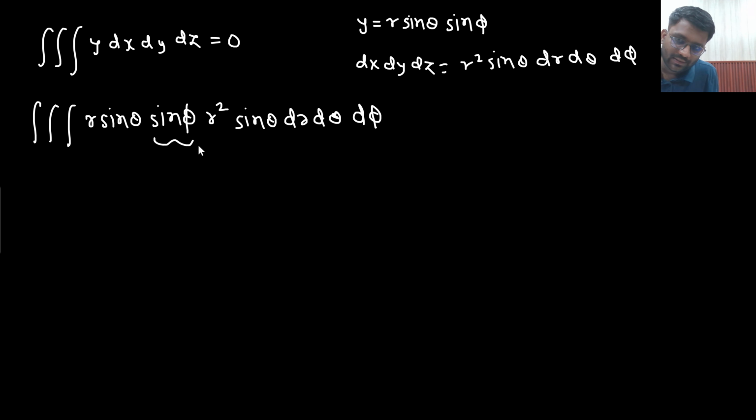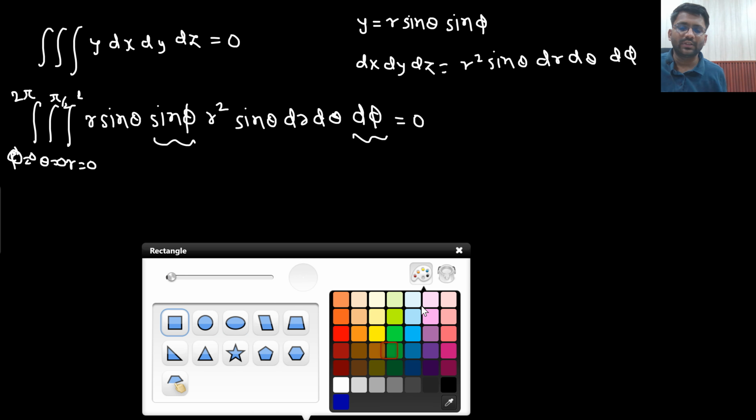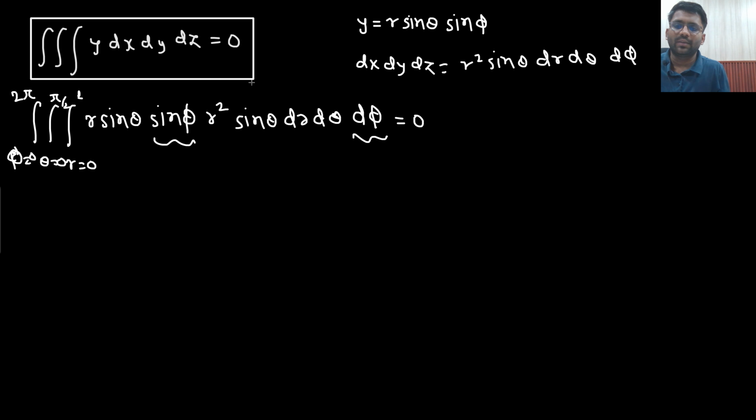Directly you can see here sin phi and d phi. What will be the limit? The limit of r will go from 0 to 1, the limit of theta from 0 to pi by 2, but the limit of phi will go from 0 to 2 pi. So if you take the limit of phi from 0 to 2 pi, this value will be 0 only. So if you do the process completely or directly write it down, this will come out to be 0.